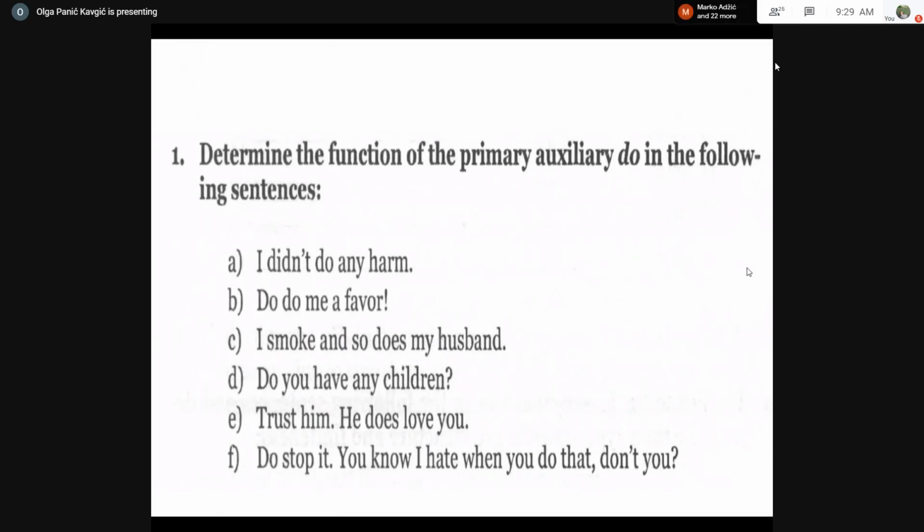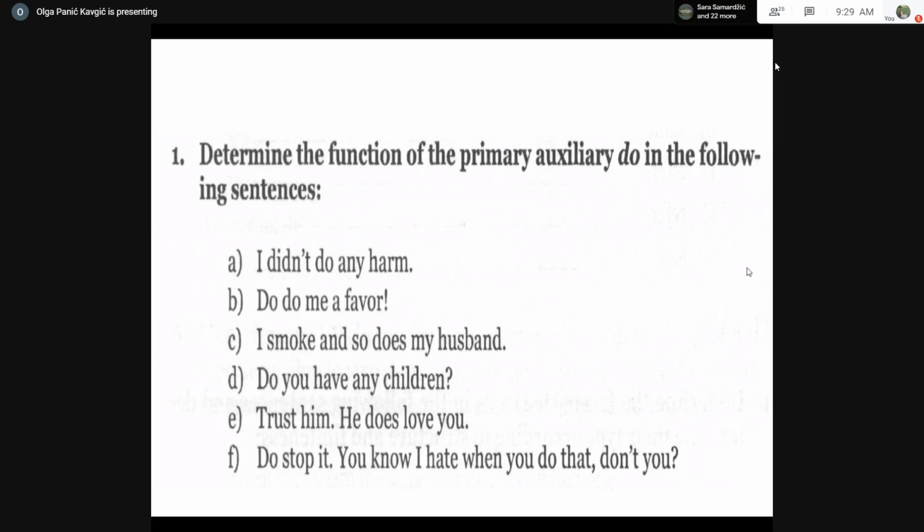So the first one is I didn't do any harm. So where is the do as an operator? Didn't. Very good. And what is its function, of those 5 that I've listed? If it's easier for everyone, you can find them on page 17, the top of the page.